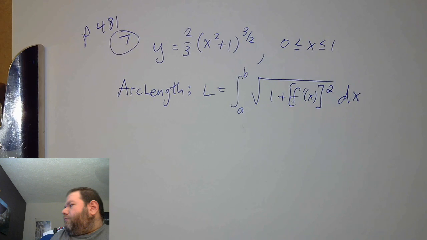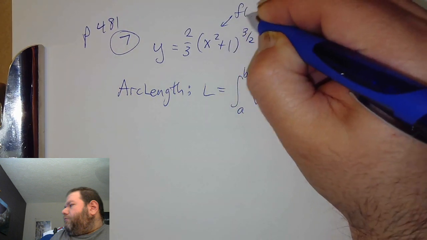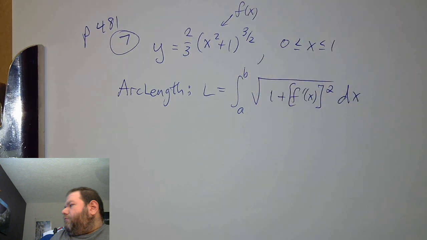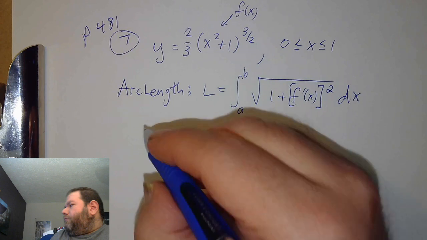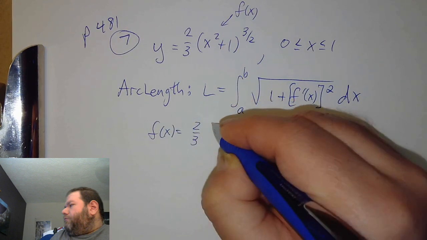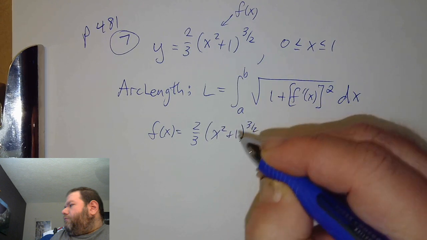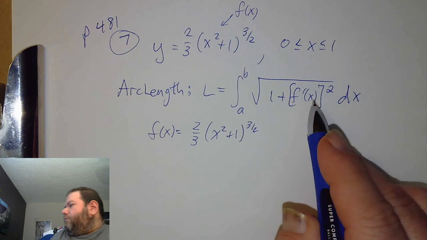Now, this is our f of x right here. This entire expression that we have. So we could say f of x is 2/3 times x squared plus 1 in parentheses, to the 3/2, and we need to find its derivative to plug it in here.